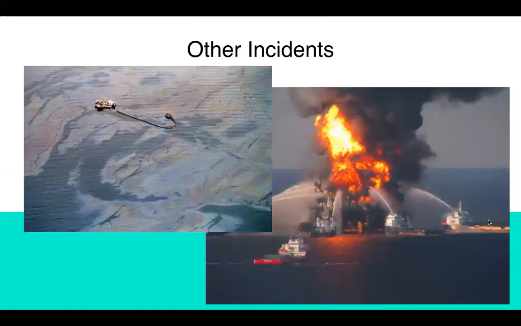Some other big incidents, some notable ones, are the Exxon Valdez oil spill that happened in Alaska, and the Deepwater Horizon oil spill that happened in the Gulf of Mexico. The Exxon Valdez oil spill was in Prince William Sound in Alaska and happened on March 24th, 1989.